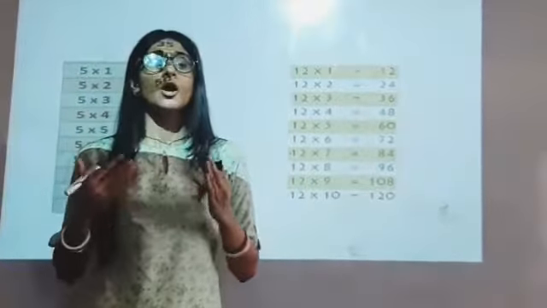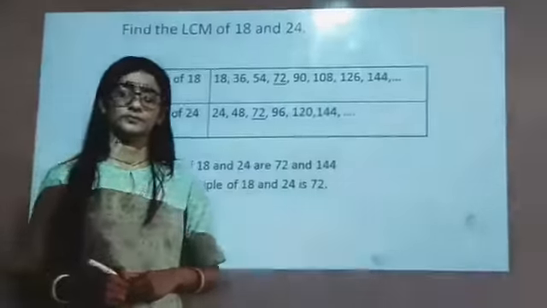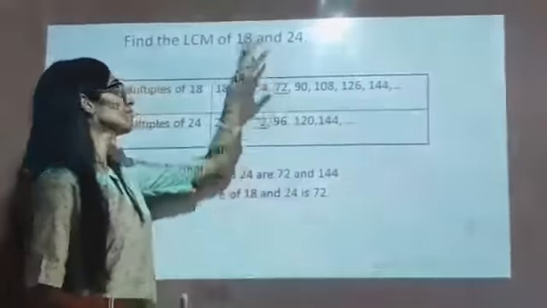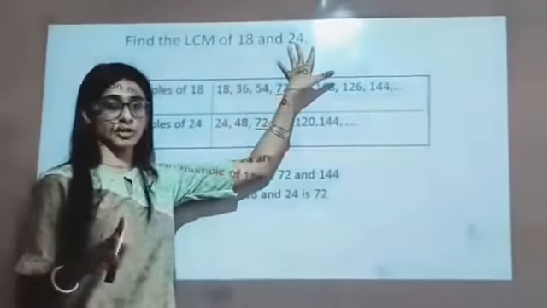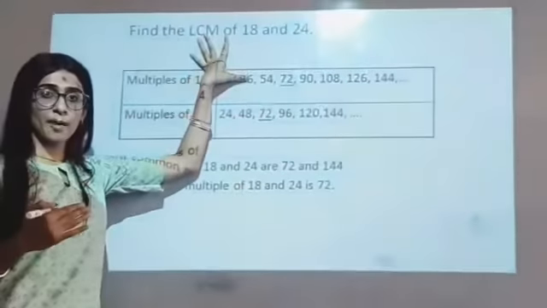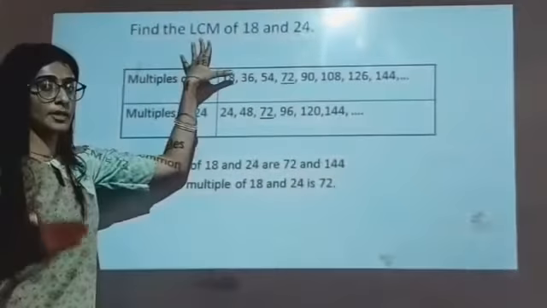Now we learn how to find the LCM of given numbers. So students, suppose we have to find the LCM of 18 and 24, these two given numbers. From the full form of LCM, you can guess how to find it: lowest common multiple.